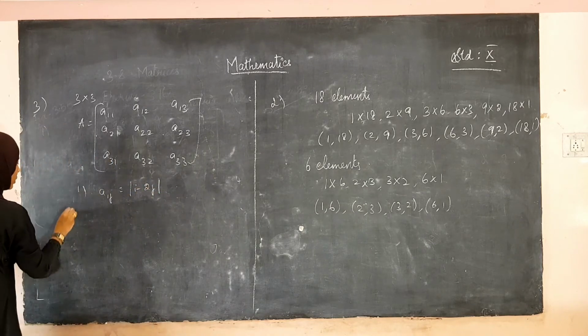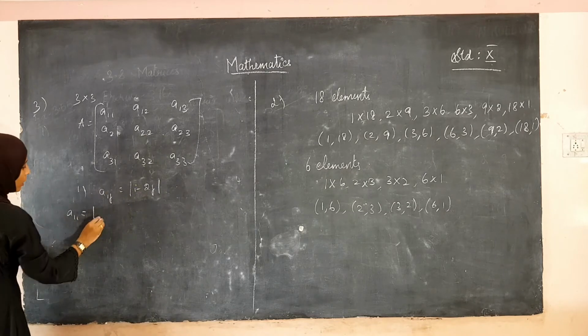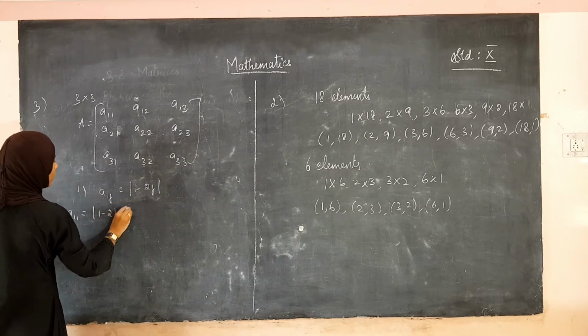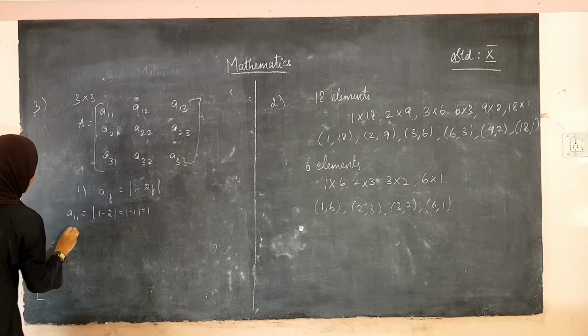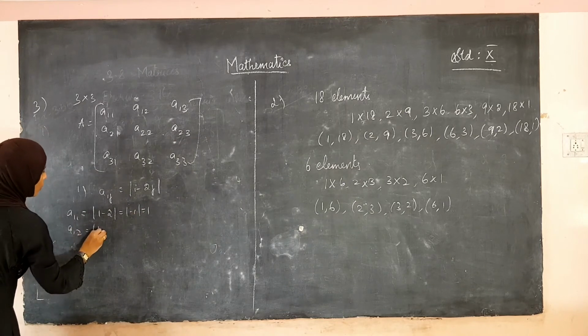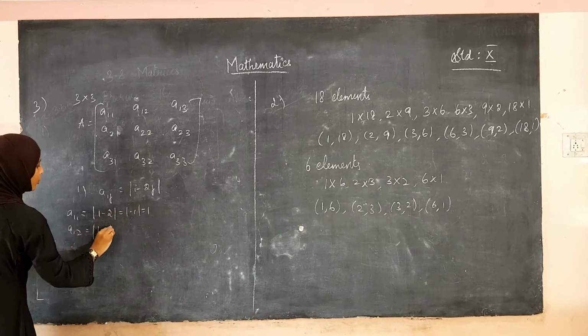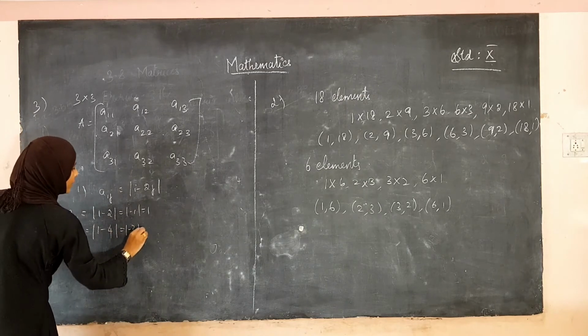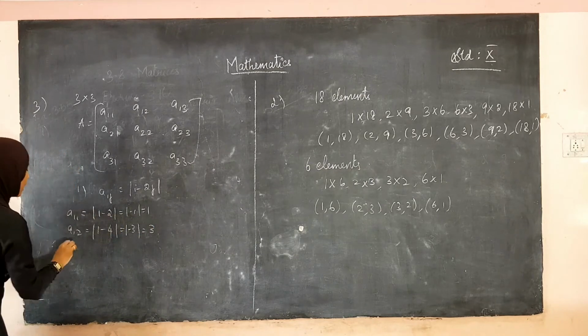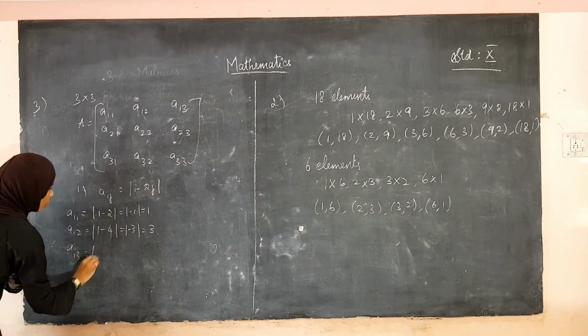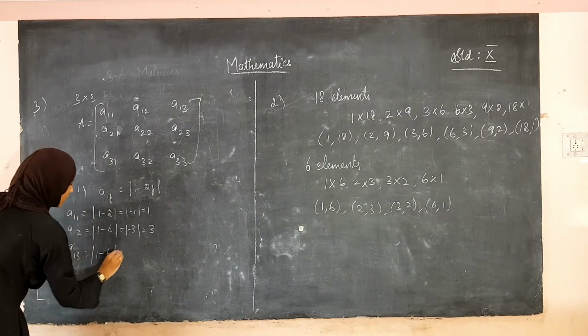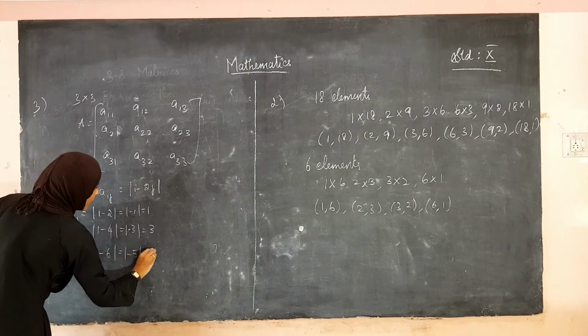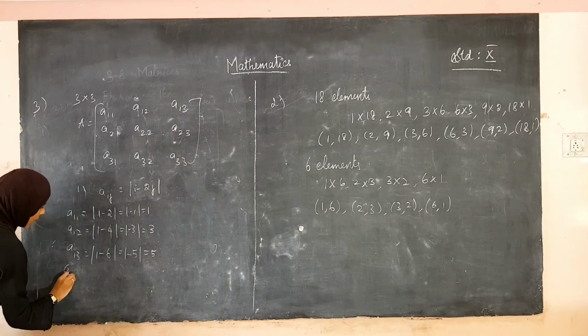Shall we find the values? A11 is equal to modulus of 1 minus 2 into 1, which is 1 minus 2, which is equal to minus 1. The value is 1. A12 is 1 minus 2 into 2, which is 1 minus 4, modulus of minus 3, the value is 3. And again A13, 1 minus 3 into 2 is 6, which is equal to minus 5, the value is 5.